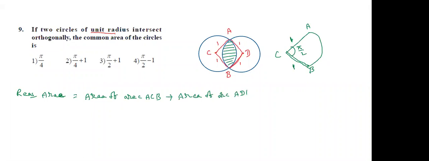That means the shaded area is repeated 2 times. So we need that shaded area.